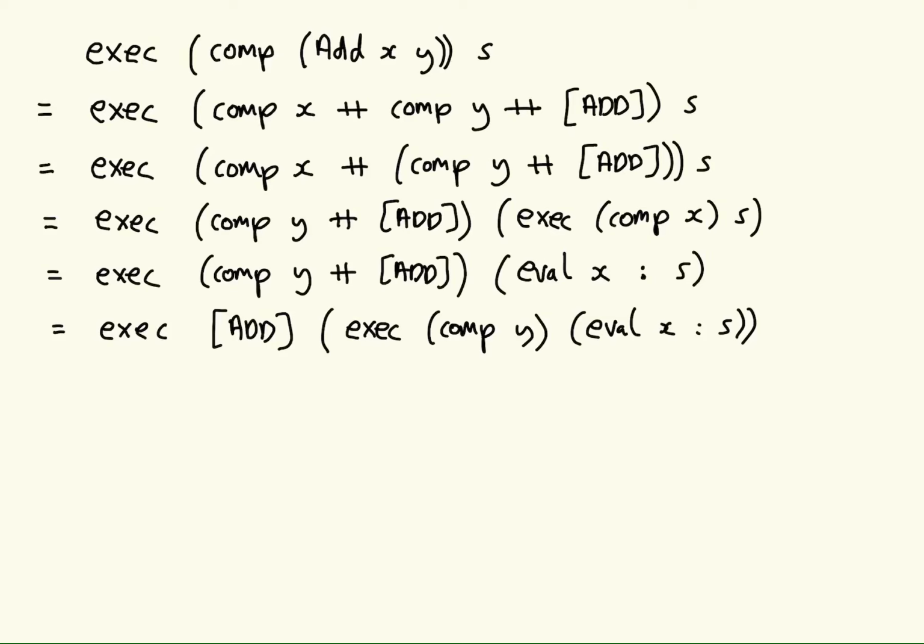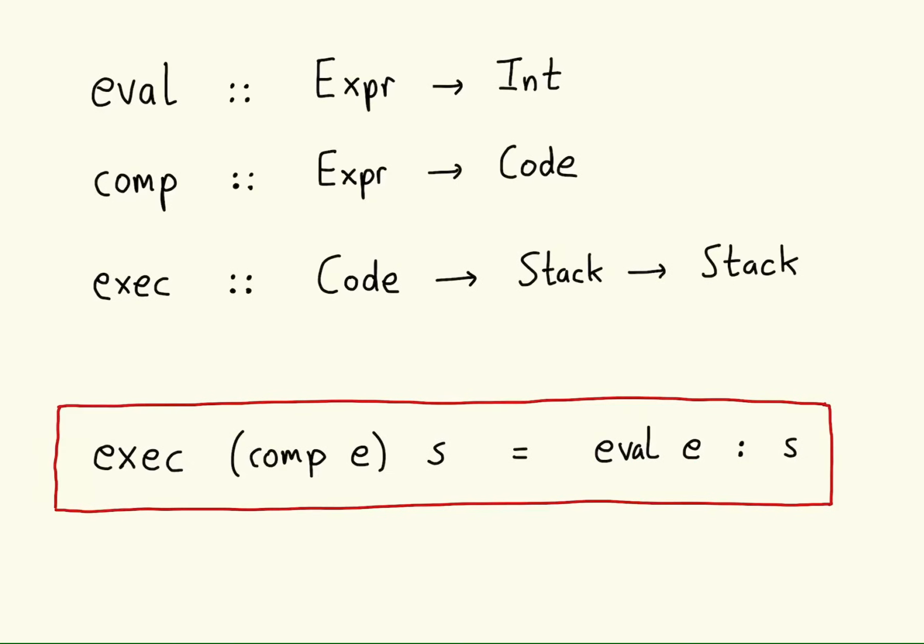So why was this a good thing to do? Well, at this point, we can now apply the induction hypothesis for y, because what we have in the yellow here is we're executing the result of compiling y in a given stack. And that's exactly the form of the left-hand side of our compiler correctness equation.